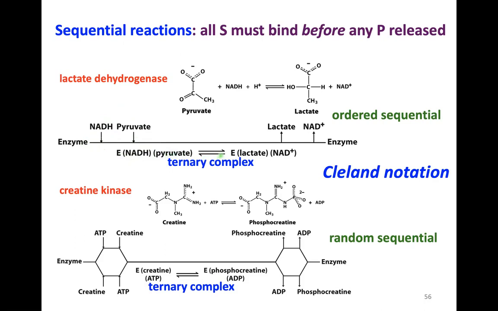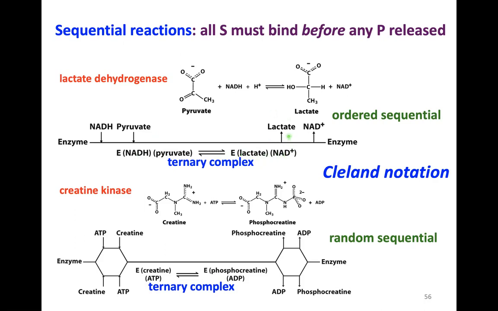Okay, pyruvate is transformed, reduced into lactate. NADH is oxidized into NAD. Okay, again, we're still in this complex of the 2 products, right, as a ternary complex.